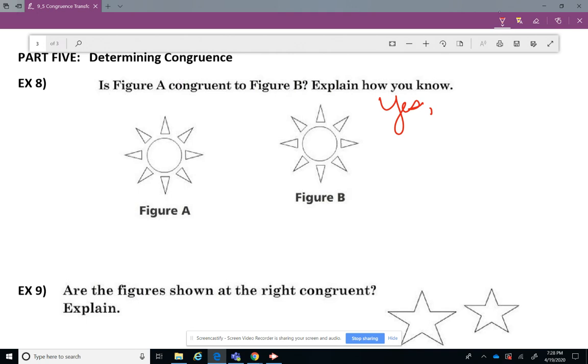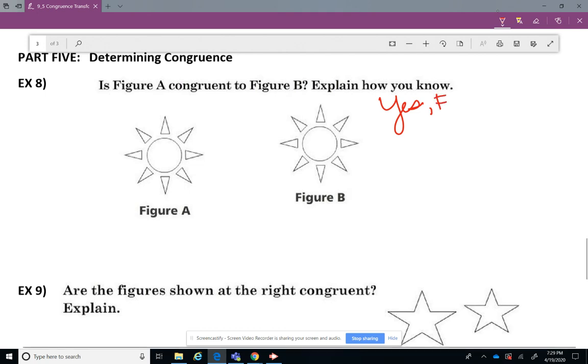So I could take figure A and I could translate it to the right and move it up, or I could take it and I would translate it up a little bit and then maybe reflect it, or I could translate it up a little bit and I could, let's see, let's put a line right here, and then I could rotate it. All right, so yes, figure A can be mapped onto figure B.